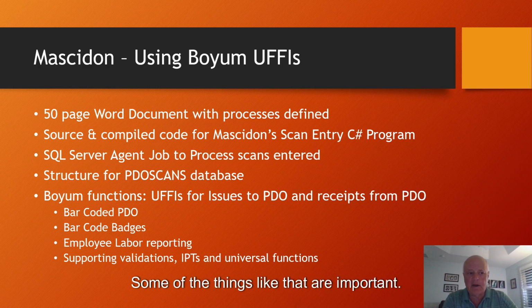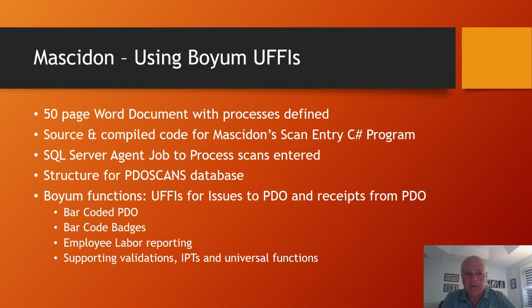Some of the things like that are important. I also provide, when you would get this product, the source and compiled source code for our scan entry program. You can do what you want with it. You can use your own, for that matter.